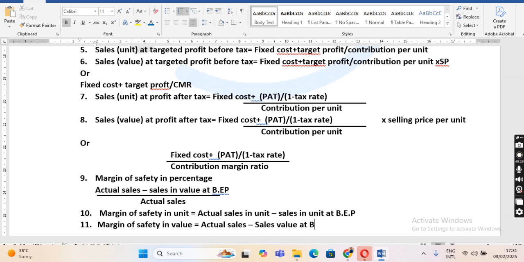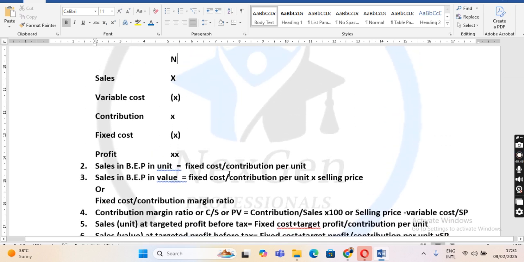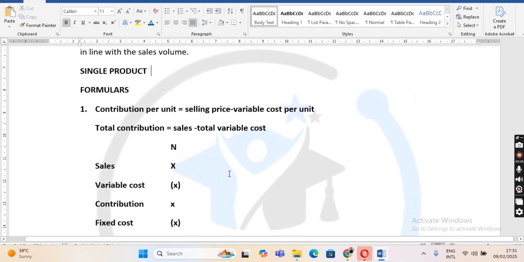The sales value at BEP that you calculate, in value, you put it here. When you minus it, you have your margin of safety. And these are the 11 formulas under the single product. You need to know 11 formulas under single product.